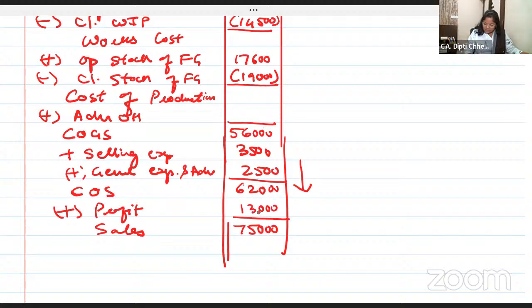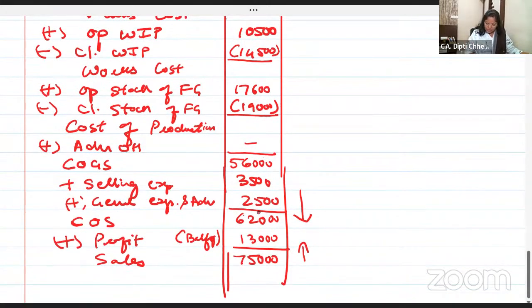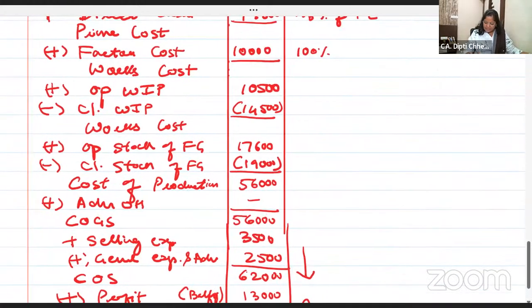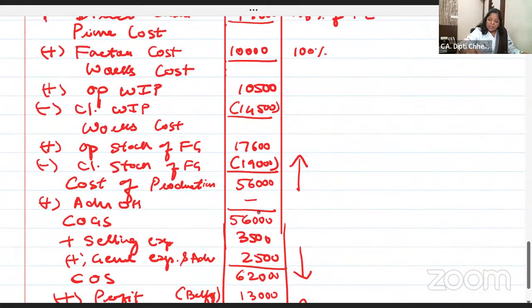So this is 13,000, balancing figure profit. Here administrative expenses are not there because it's after the cost of goods sold. So COGS and cost of production are the same, 56. Now can you go reverse? Please put an arrow mark in exam so that the paper corrector also knows that you have followed.